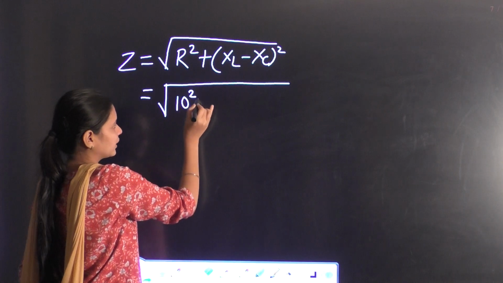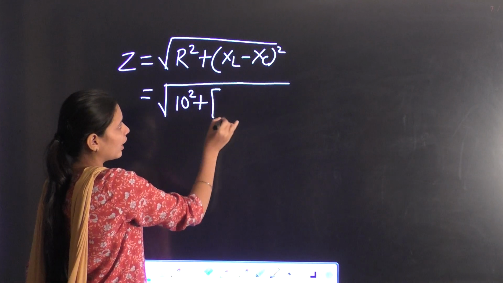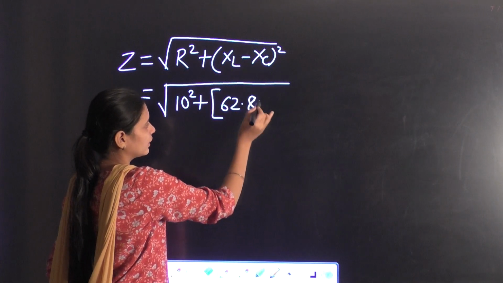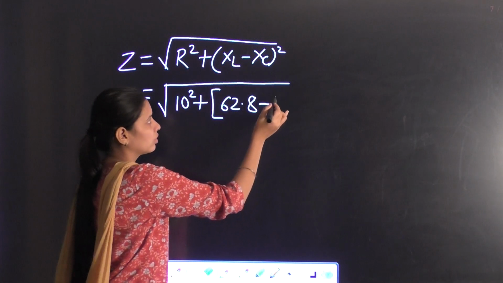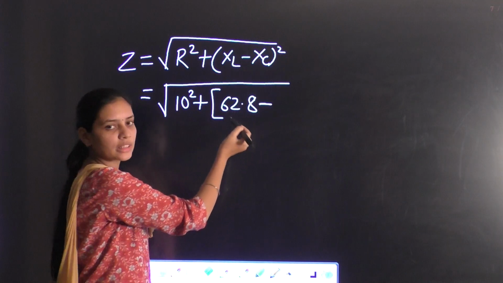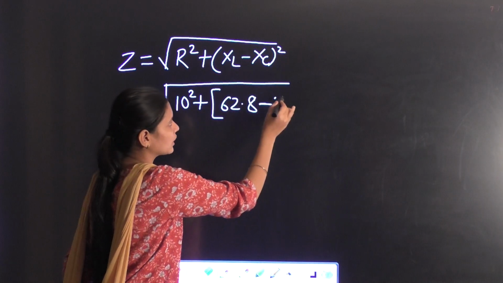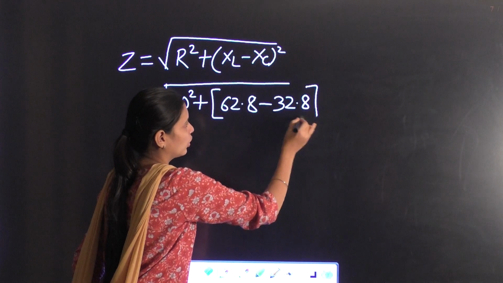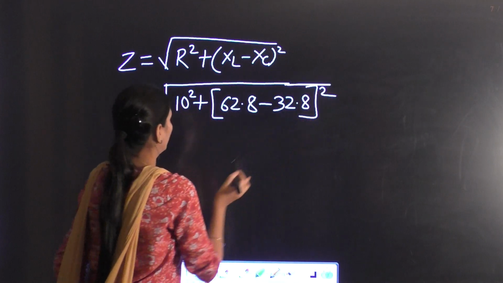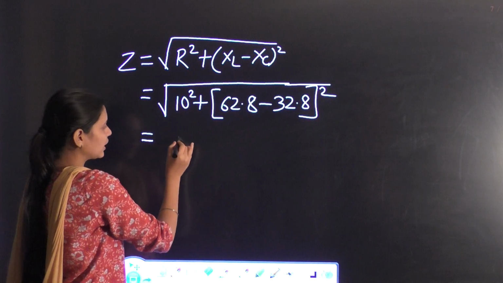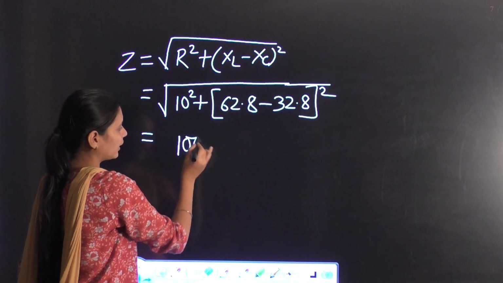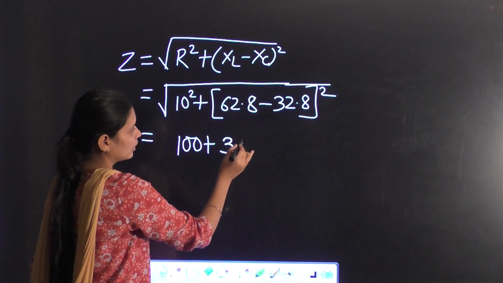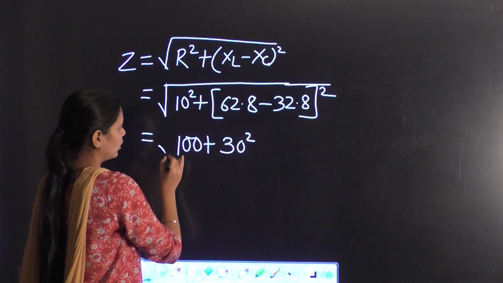So this will be 10 square plus XL, which is 62.8, minus XC, which is 31.8, whole square. 10 square is 100, plus 31 square, root over.